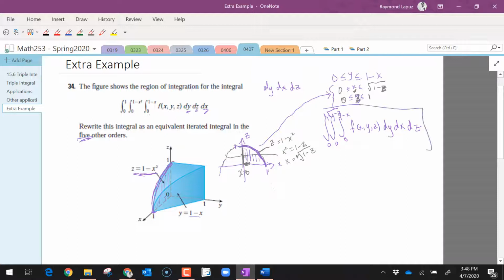Okay, so that's two integrals now, the one that they gave us and the one we found, and now let's try to find the others.